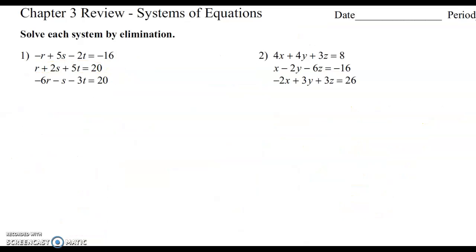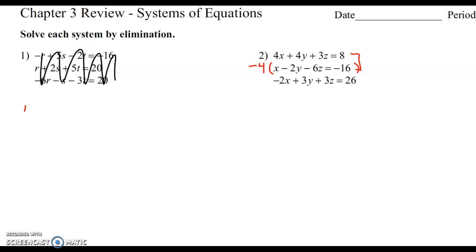All right, so looking at number 2, let's see here. I could go x's, y's, or z's. I think I'm just going to do x's. X's are out front, usually makes it easy for my eye to see. So if I go x's with the first 2, I have to multiply the second one by negative 4.